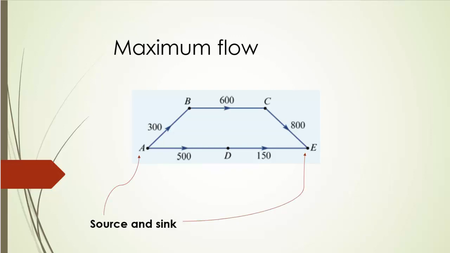To get technical, we need to talk about where the flow starts and where it finishes. So we call the beginning the source and the end the sink. Source and sink.